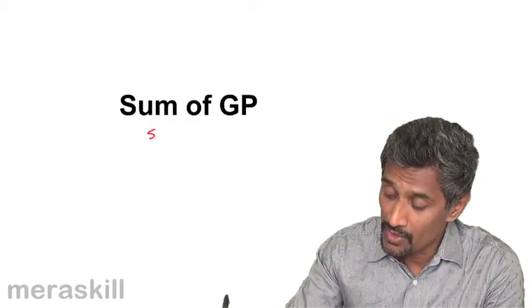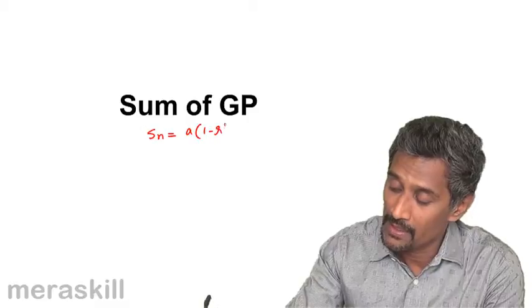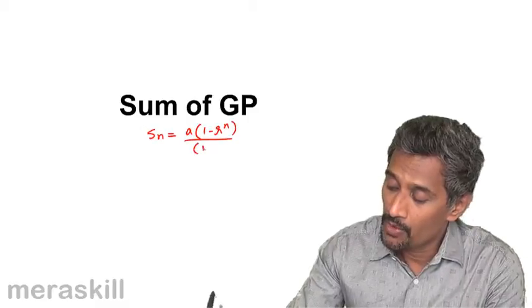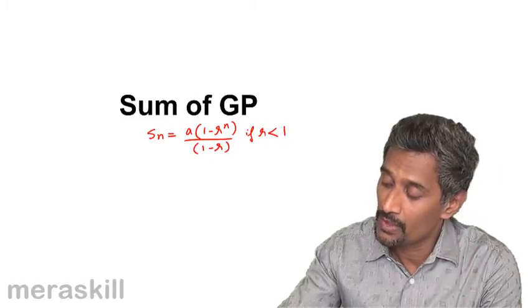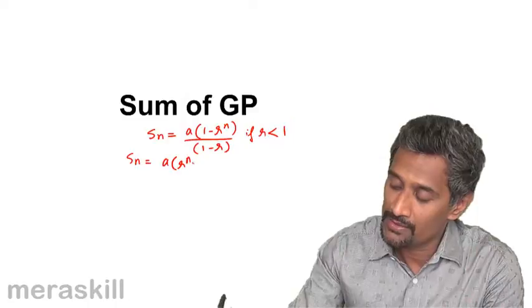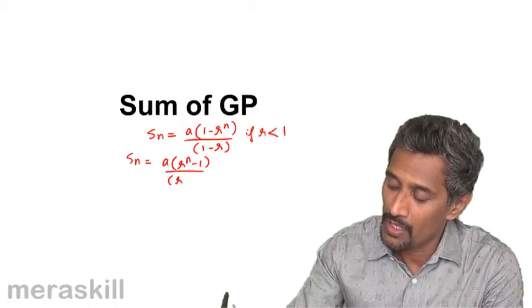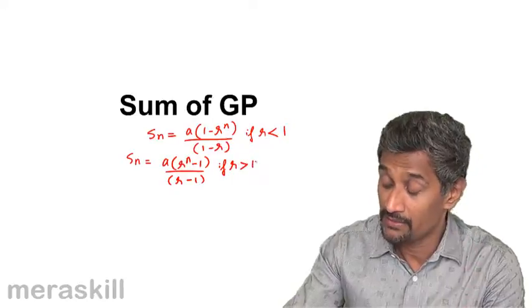Just to remind you, Sn is nothing but a into 1 minus r raised to n upon 1 minus r if r is less than 1, and the same Sn would be a into r raised to n minus 1 upon r minus 1 if r is greater than 1.